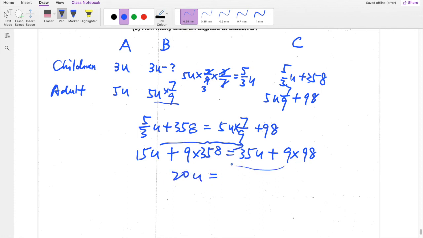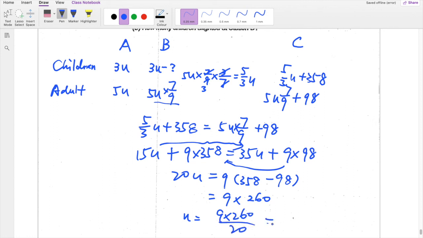This one to that side, right? So it's 9 times 358 minus 98, right? 9, 260. So U equal to 9 times 260 over 20, right? So this is 9 times 30 equal to 111.